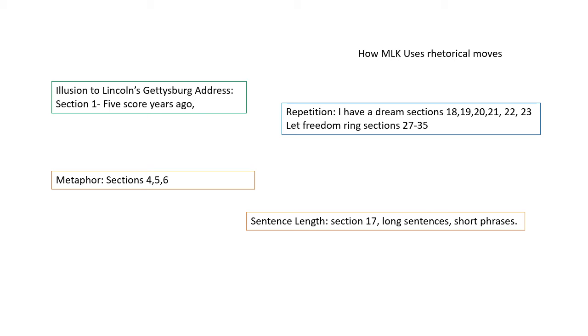But he breaks it down into short phrases, so it's also effective in the audio when he's saying it out loud. So he says, go back to Mississippi, end of phrase. Go back to Alabama, end of phrase. Go back to South Carolina, end of phrase. So he's taking long sentences and breaking them up into short phrases, again to get that momentum going, but also to have it really look good still on the page.